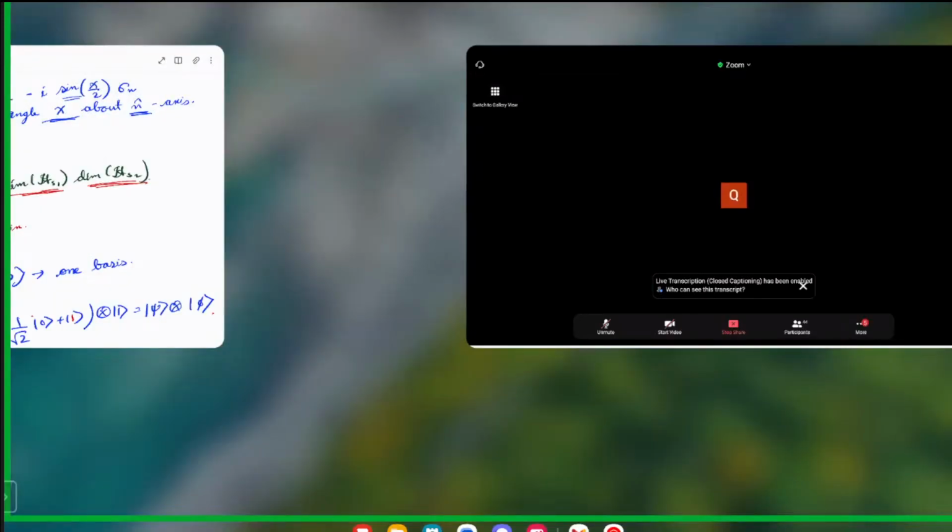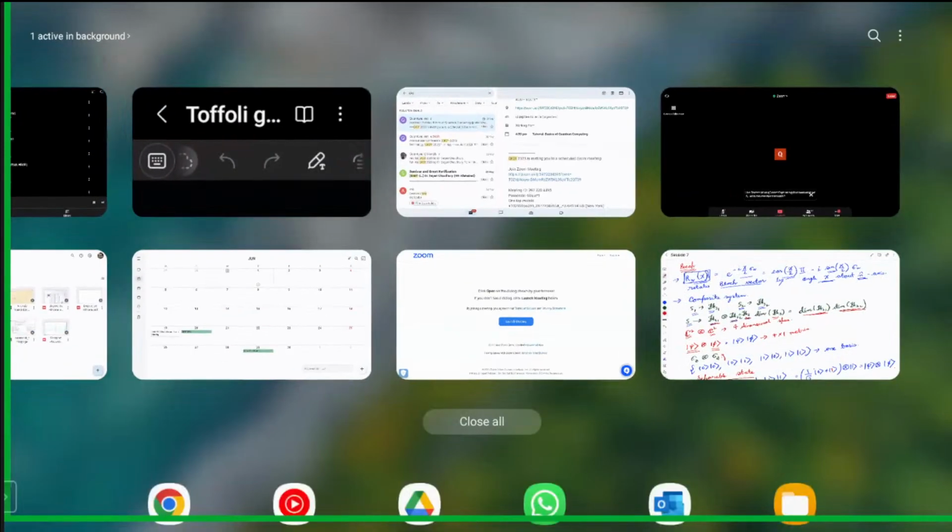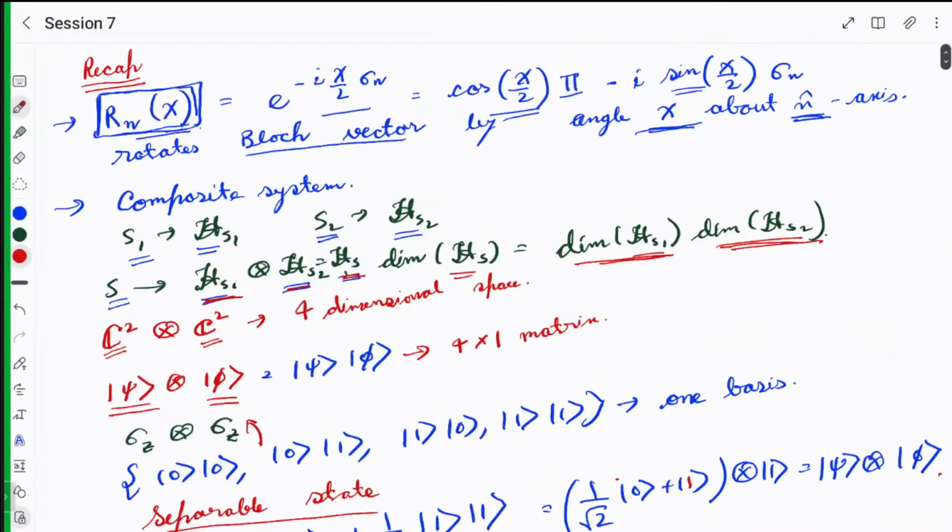Okay, so let me repeat what I was saying once more. In the last class, we had looked at the unitary operator R_n(chi), which is the general form that any unitary operator, any single qubit gate, can take.